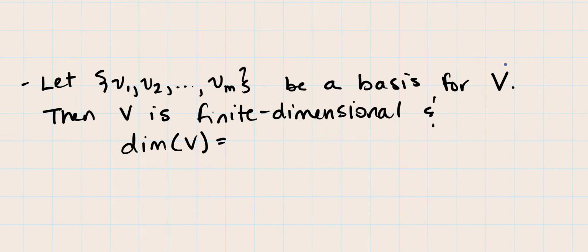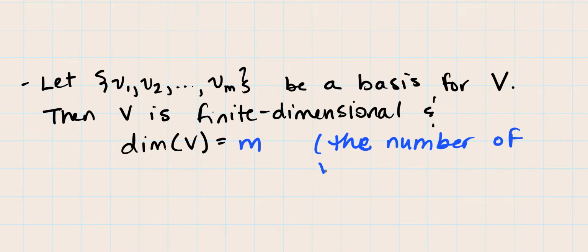Suppose we have a basis for a vector space, so we know that the vectors V1 through Vm is a basis. Then V is finite dimensional, and we say that the dimension of V is equal to m, the number of vectors in the basis.